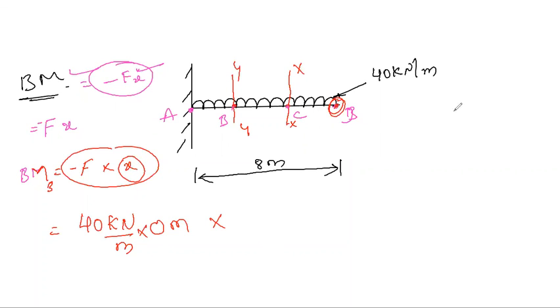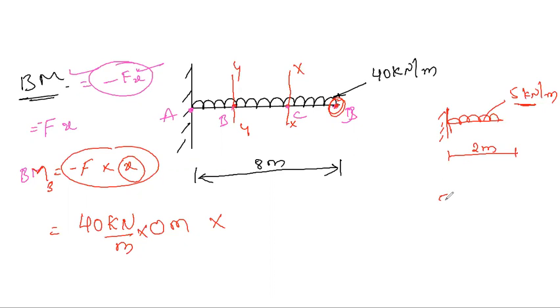In the last class I have explained. See here. If the length of the UDL is 2 meter and the intensity is 5 kilonewton per meter, then to calculate the bending moment, first we need to convert this UDL into a point load.